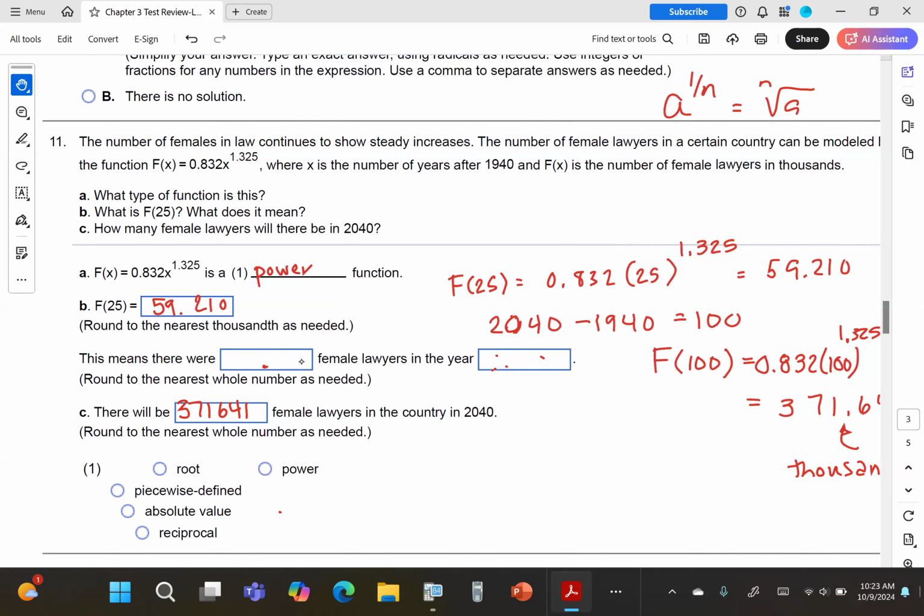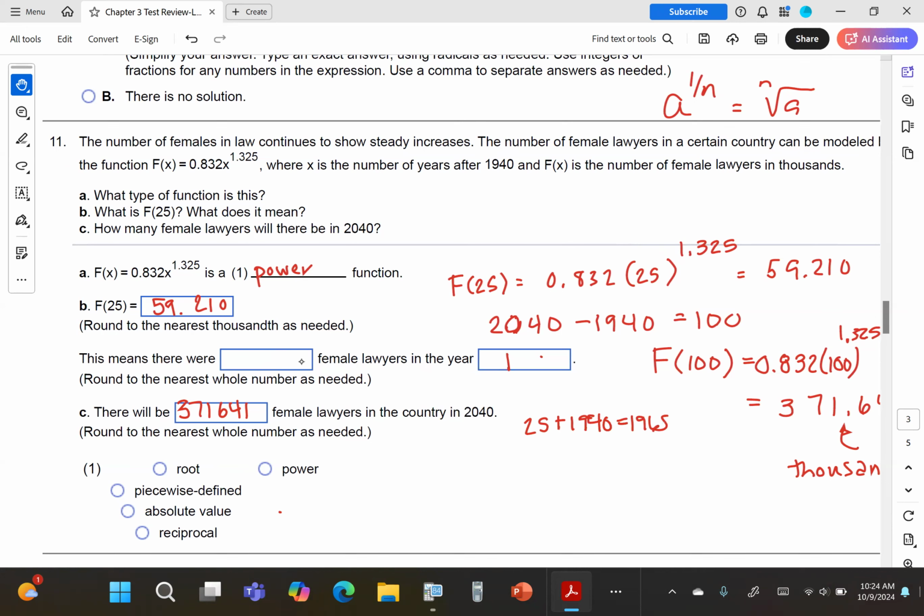So let's write what we were supposed to write in those two fields. This means there were how many female lawyers in what year? 25 plus 1940 is 1965.